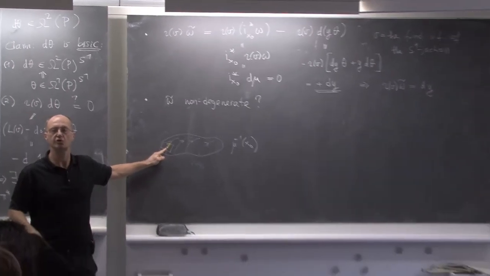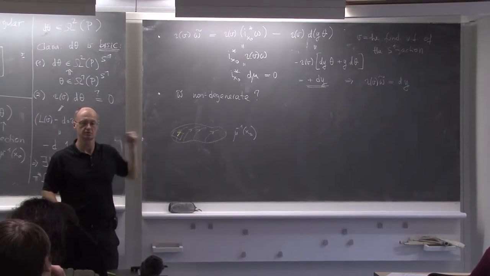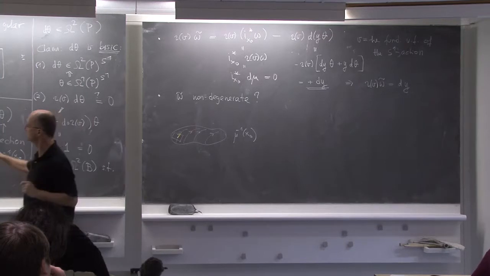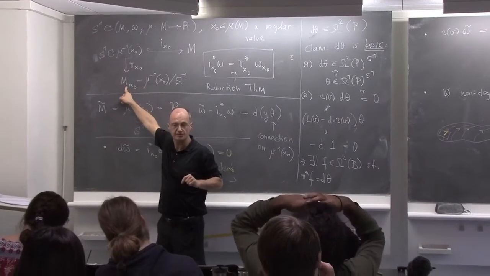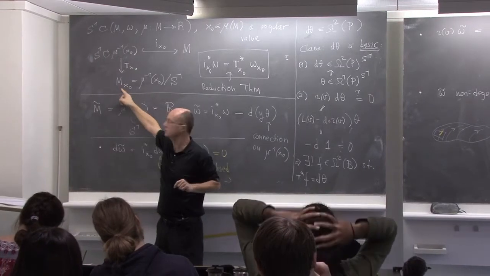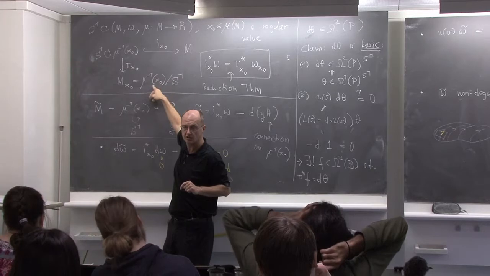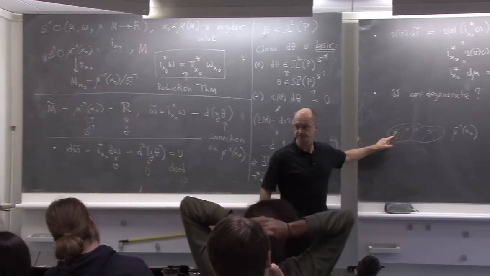Is there any more kernel? We actually know there is no more kernel, because when it descends, when we divide by the S1 action, here it must be symplectic by the reduction theorem, right? So it's not allowed to have more kernel than this.